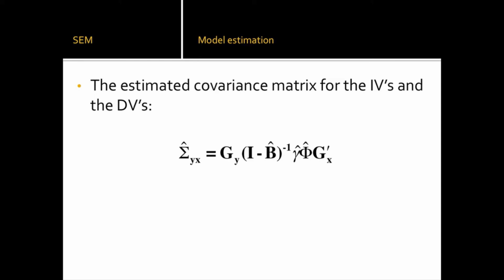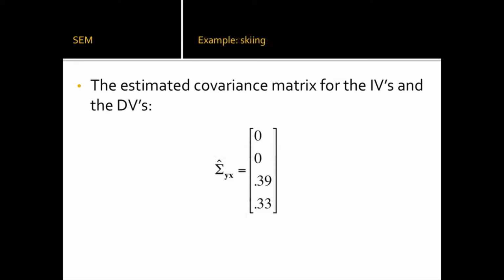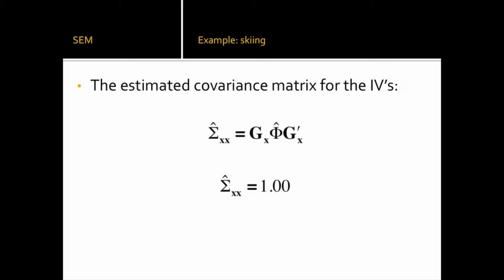So maybe since the gamma matrix is a bunch of relationships between IVs and DVs, that's why we don't square it. I don't know, we can look into it further. But anyway, this is going to give you a short 1 column by 4 row matrix here to represent your IV-DV relationships and their covariances.